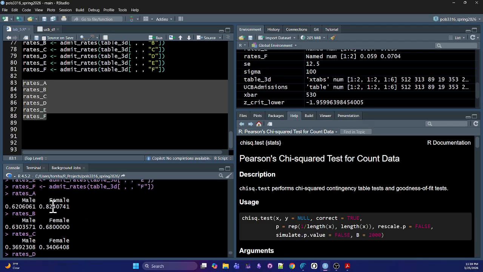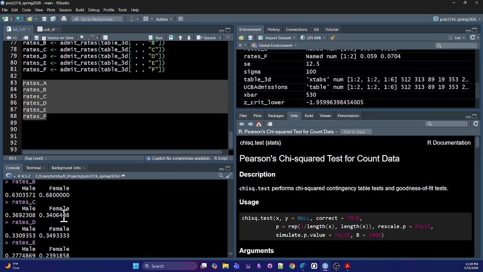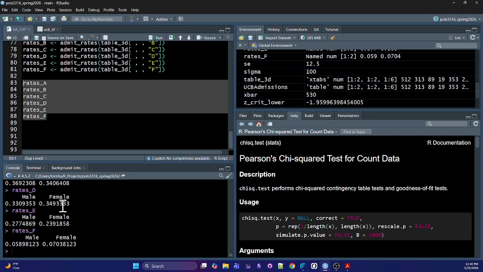it breaks down the admission rates by department, which is important because we can see here's a department where the admission rate is actually higher for females. Here's another one where the admission rate is higher for females. Here's one where it's very close. Males have an edge, but just by a little bit. Here's one where females have the edge.